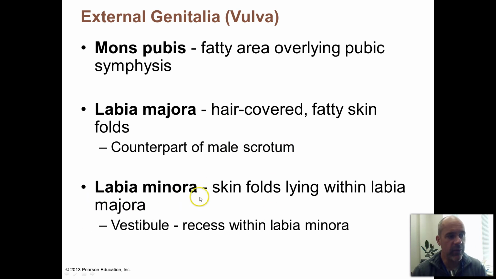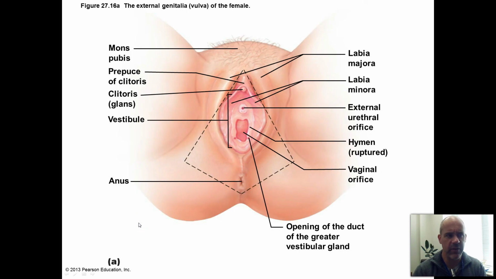The labia minora are those inner folds that cover the vestibule. That's a term a lot of students have trouble with when they're learning the female reproductive anatomy. So let me highlight the vestibule for you. If you pull back the labia majora and the labia minora, you have a surface right in here.